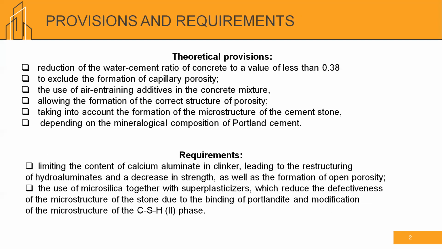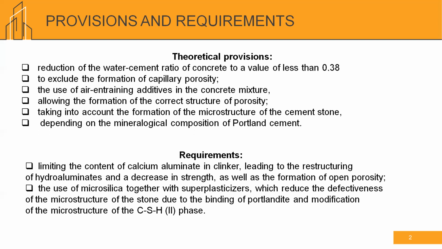For the formation of the correct microstructure of the cement stone, providing high strength and deformation properties, the following requirements must be met. Limiting the content of calcium aluminate in clinker, leading to the restructuring of the hydroaluminates and a decrease in strength, as well as the formation of open porosity.